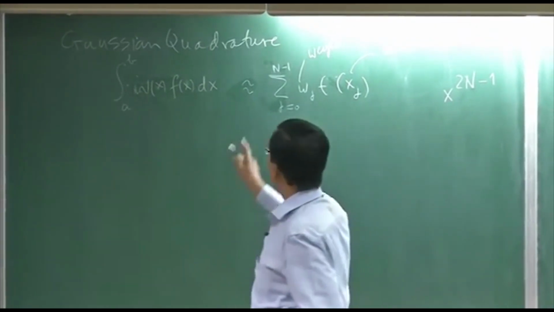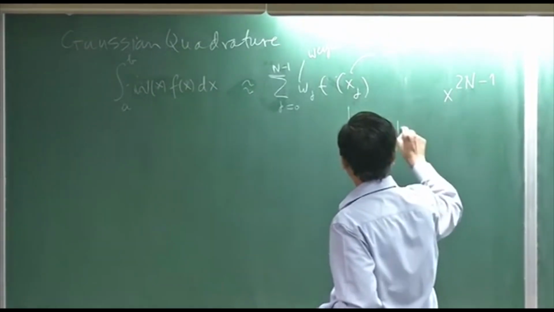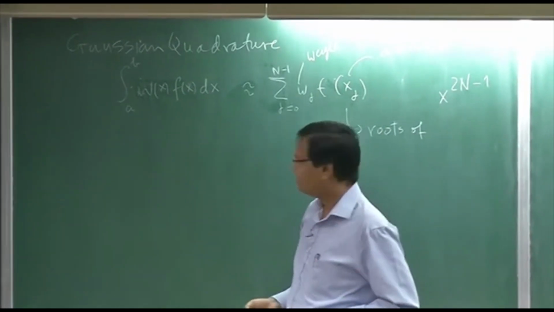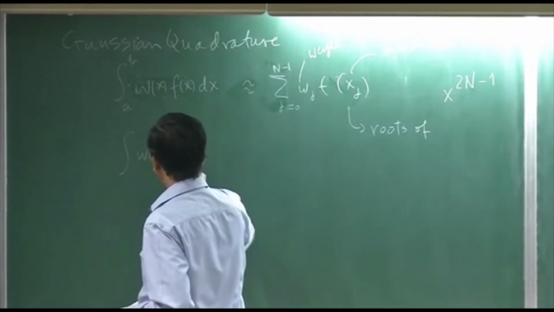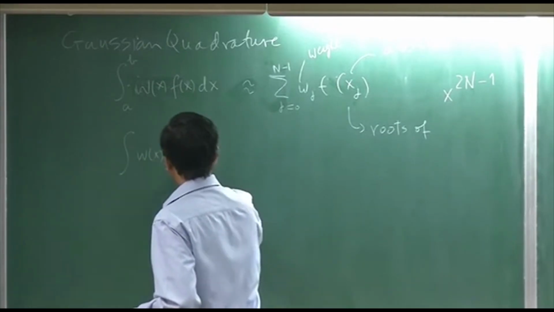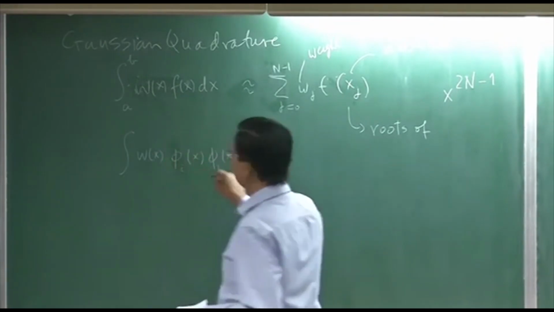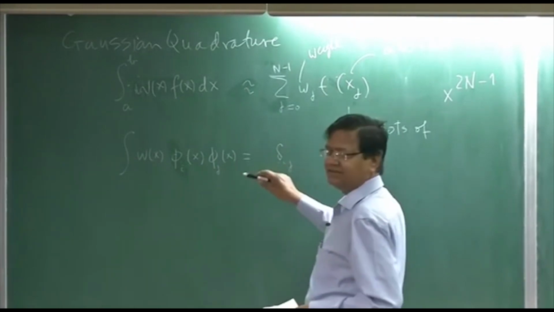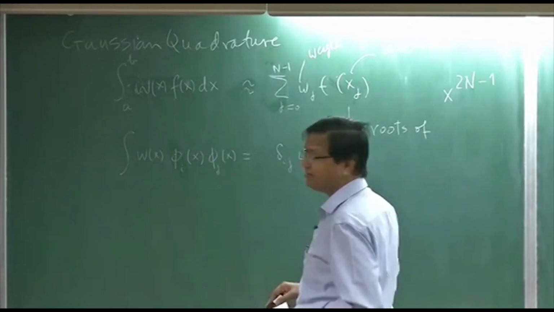So what are the x_j's? The x_j's are the roots of which polynomial? I expand in terms of polynomials, and the polynomials follow this property: the integral of w(x) phi_i(x) phi_j(x) is delta_ij, and there could be a factor, it need not be 1.